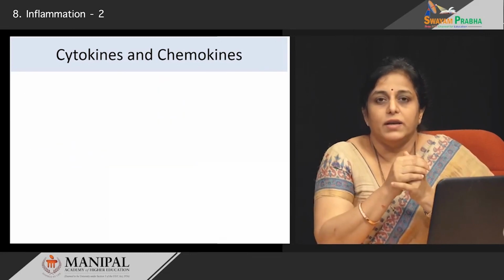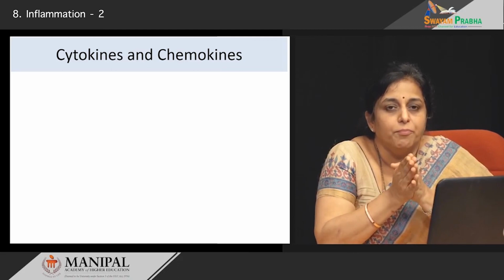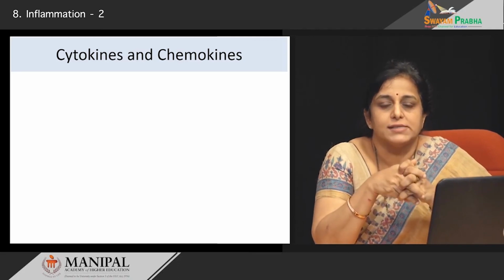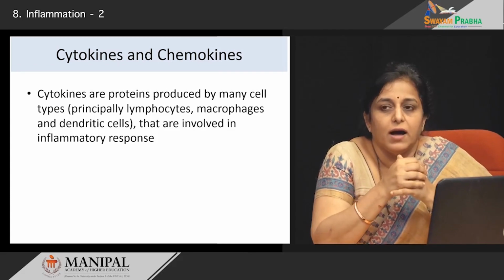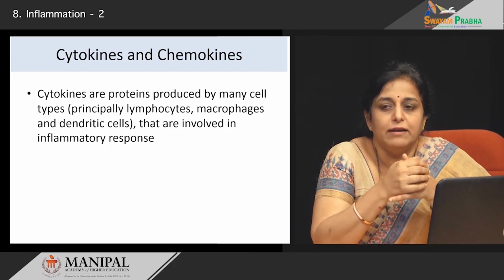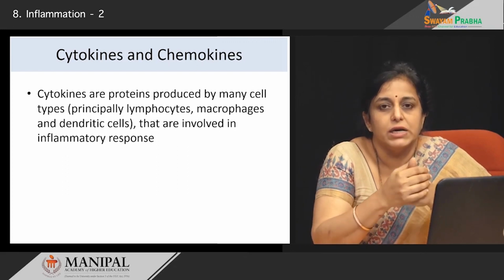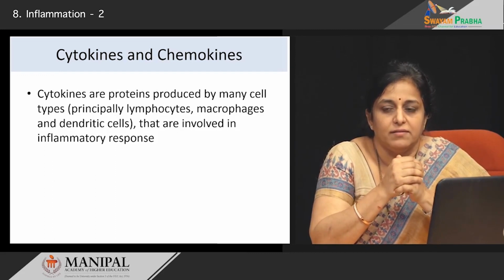Okay, next, a group of chemical mediators that are again very important in inflammation are cytokines and chemokines. Now, cytokines are proteins produced by various cells like lymphocytes, macrophages and dendritic cells, and they are very important in the inflammatory cell response.